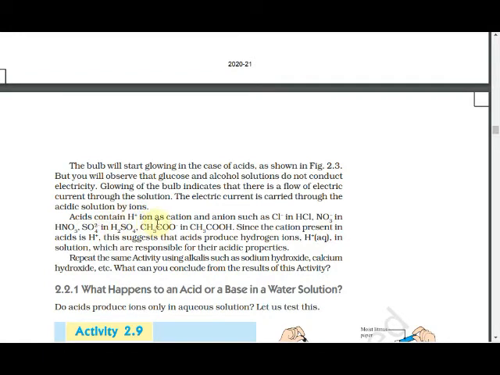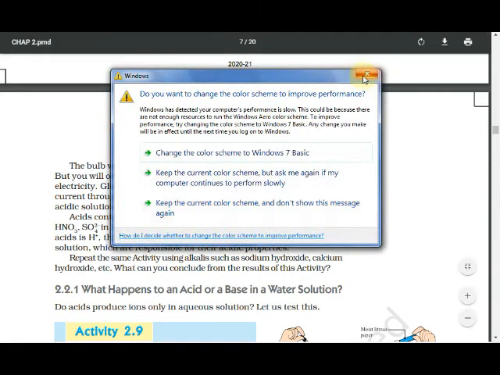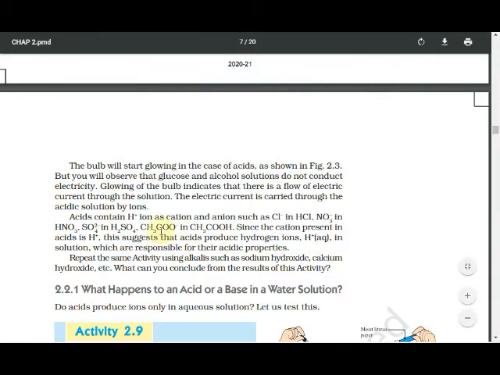Acids contain H plus ion as a cation and anions such as Cl minus. In HCl, what comes? H plus ion and Cl minus ion. Plus is the cation, minus is the anion. Cl minus means chloride anion and hydrogen is the cation, positively charged ion.